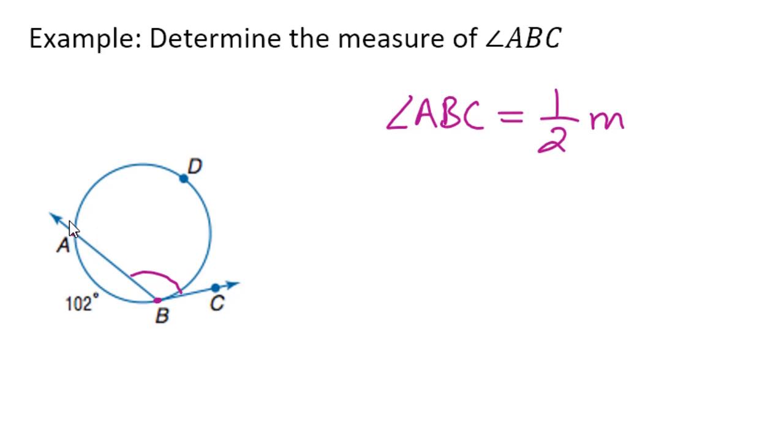So from A all the way over to B. Now that appears to be a major arc, so let's go ahead and use 3 letters. So A goes through D and stops at B.